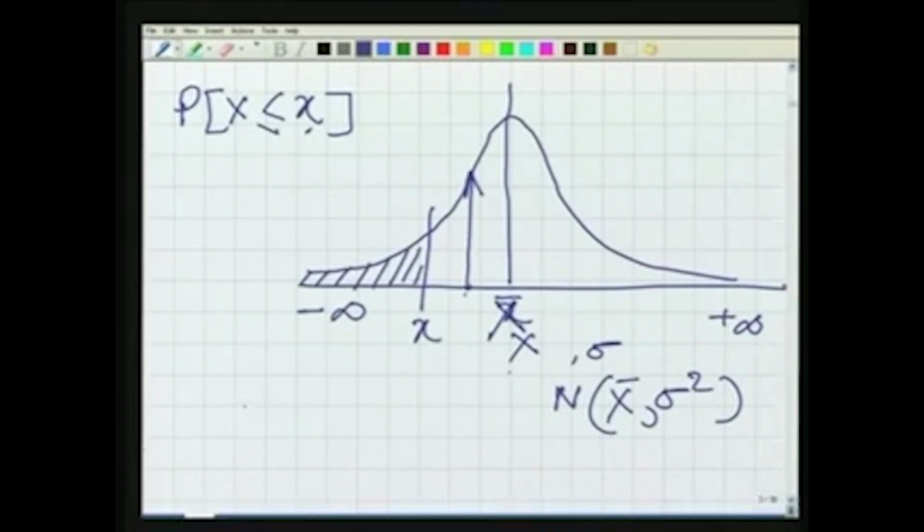So, this area we can also find as, let us say, F(x) is the integration of this curve from minus infinity to x, f(x) into dx.